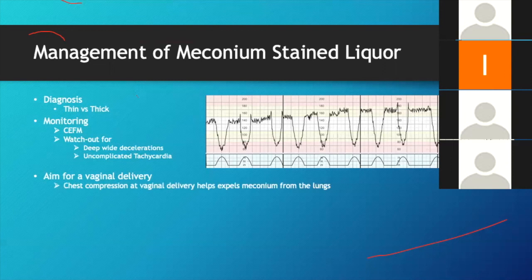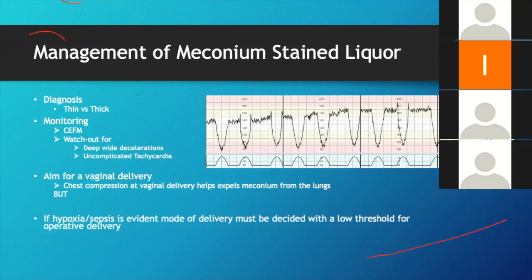Please don't press on the baby's lungs or chest to try and empty it. It doesn't work. But remember, vaginal delivery does not mean vaginal delivery at any cost. If the baby is hypoxic or if it's developing chorioamnionitis, it's less likely to be able to cope with any other stress. Does that make sense?